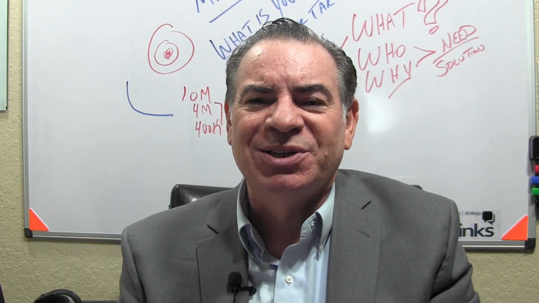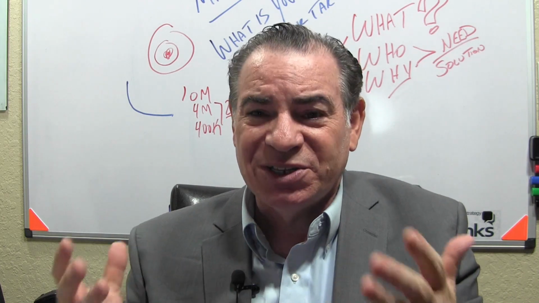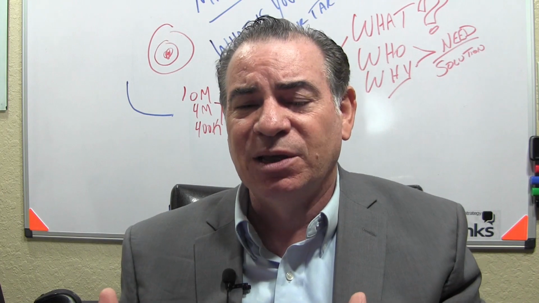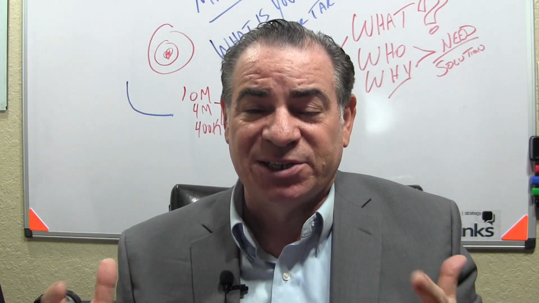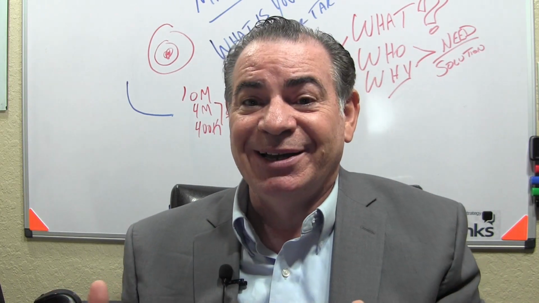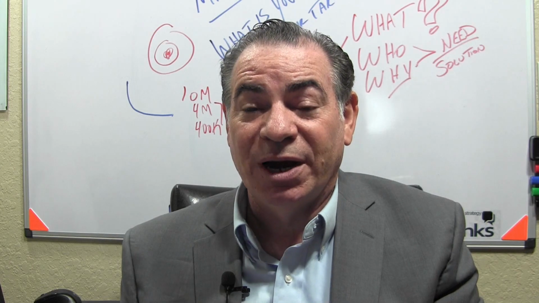So today what I want to talk about is the product life cycle. What is that? What does that really mean to us as marketers, as business leaders? Well, in simple terms, it's this. Something lives and something dies, right?